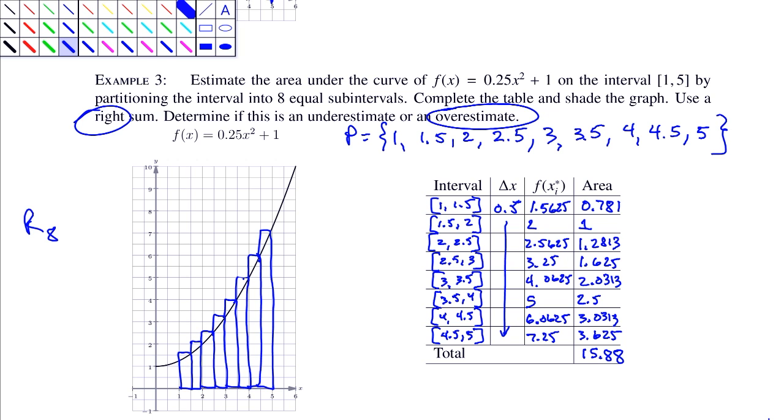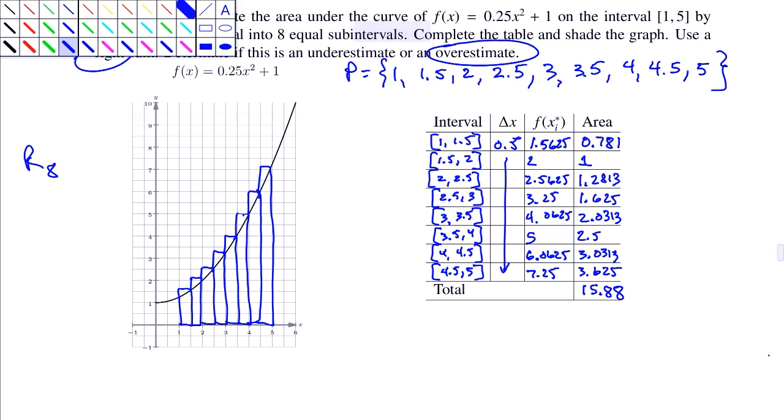Incidentally, has anyone come up with a formula for delta x? B minus A. And then what? So in this case, delta x was 0.5.